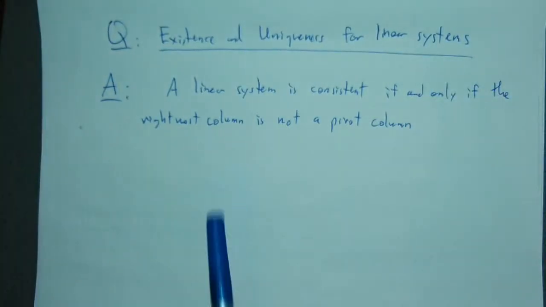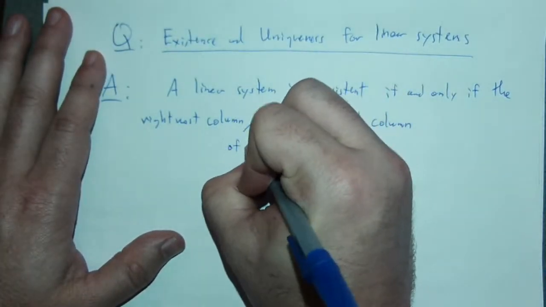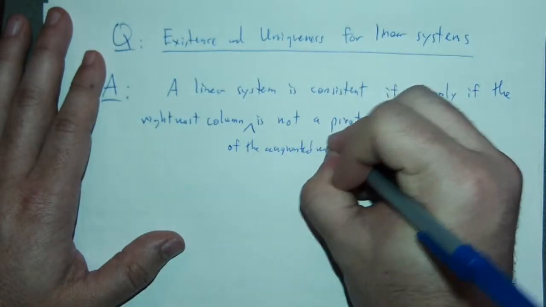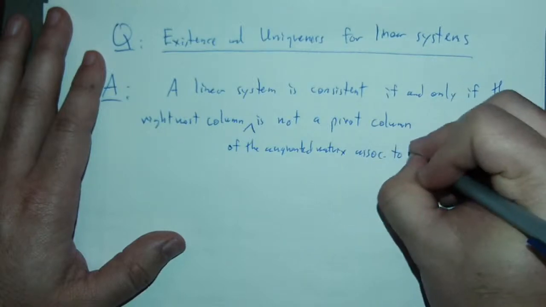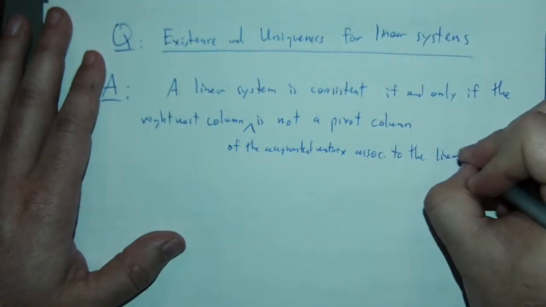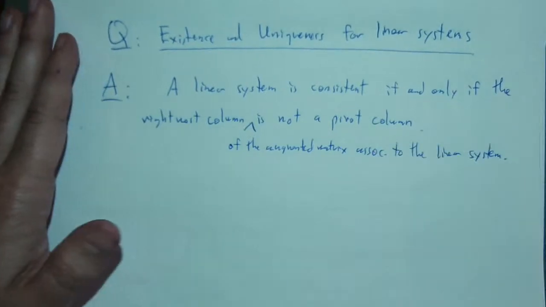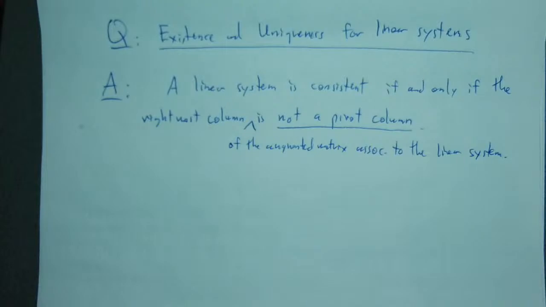Rightmost column of what? I didn't even say. The rightmost column of the augmented matrix, the augmented matrix associated to the system, is not a pivot column.